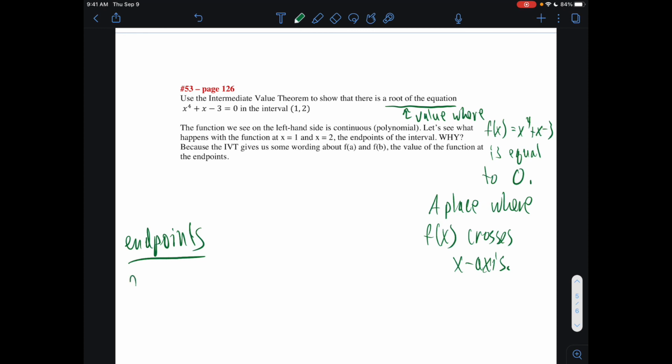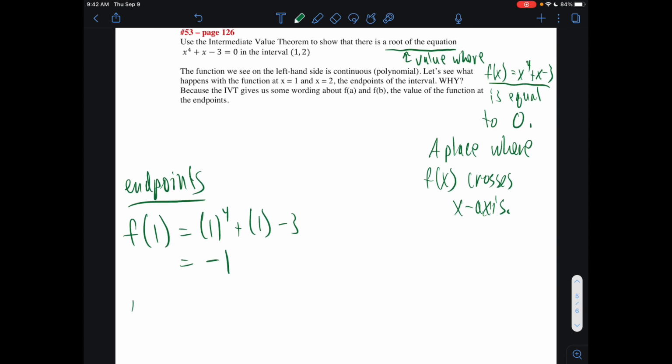So f of 1 is equal to, in the case of my function, 1 to the fourth plus 1 minus 3, which is 1 plus 1 minus 3, or 2 minus 3, which is negative 1.